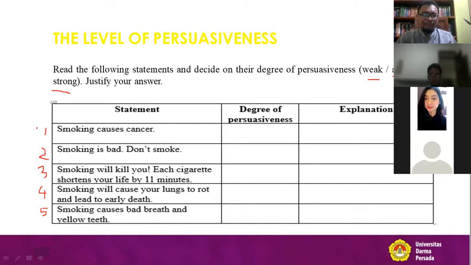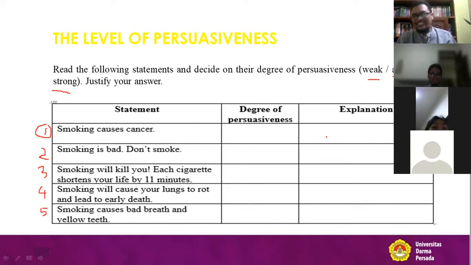Let's start from number 1. Smoking causes cancer. Do you think this statement has some kind of strong persuasion? No. Why do you think it's no? Because it's not emotional persuasion.